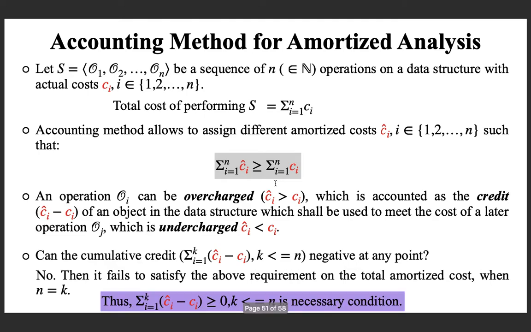take the following as a necessary condition: at any point of time, for i equal to 1 to k, where k is any value less than or equal to n, and n is the length of the sequence, for any subsequence, the total credit must be greater than or equal to 0. The total credit can be 0, but it can never be negative.